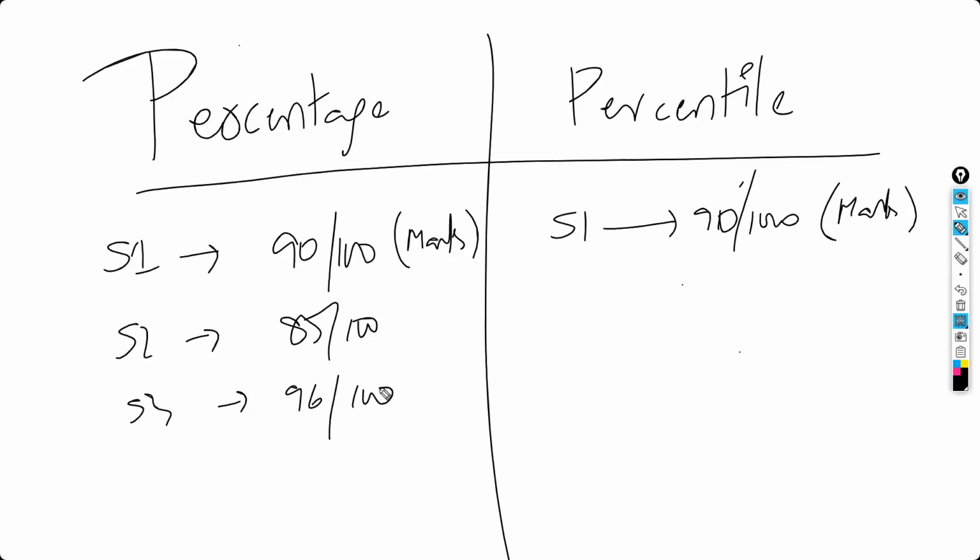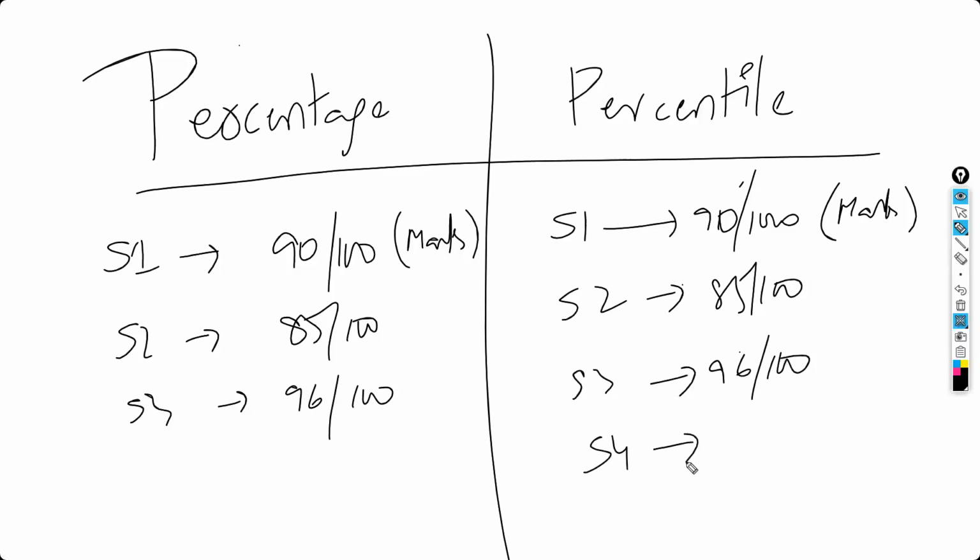But percentile is not like that. Using the same logic, the second student has got 85, the third student has got 96, and the fourth student has got some other value. Now the fourth student, in terms of those below him, has this person with 90 marks only.